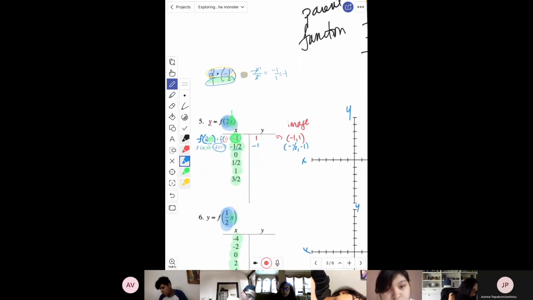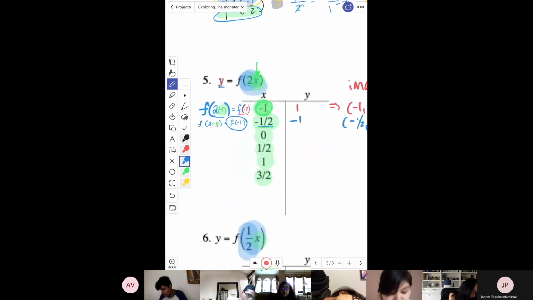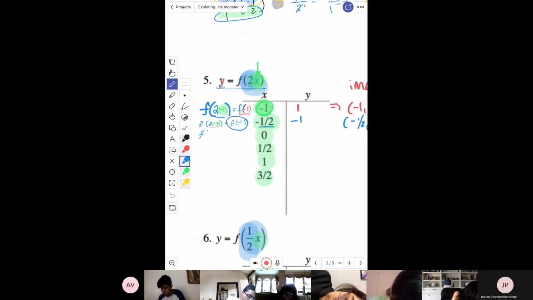Now let's do it again. I'm evaluating this function at 2 times this x value.